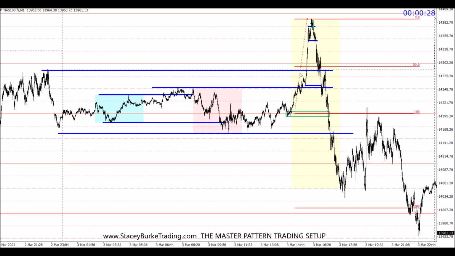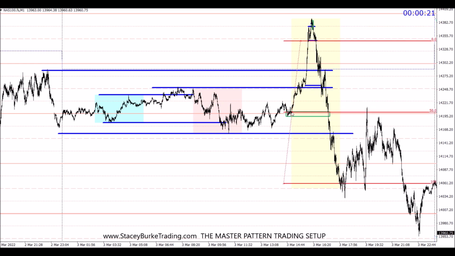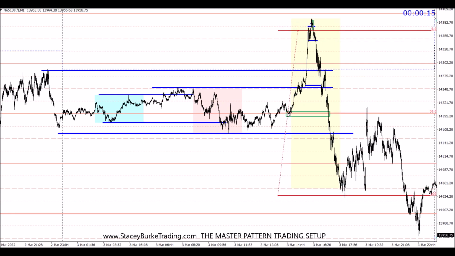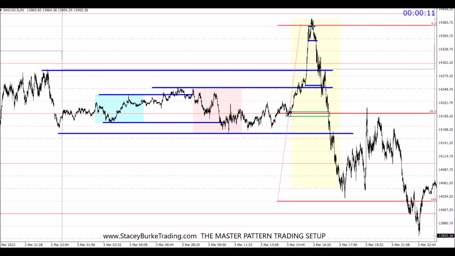And I will move this down so 50% is in the middle of that box. One more time here. This is the slow way to do it. But now we're talking a possible mirror image range expansion opportunity. The market gets down to 50. So we'll just move that down to 50.